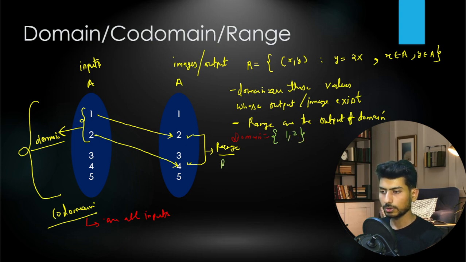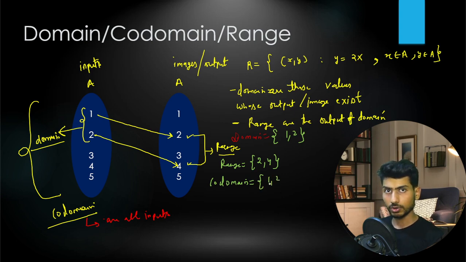Range is 2 and 4, and codomain is the full set, only the left set, not the right one. 1, 2, 3, 4, 5, only this one.